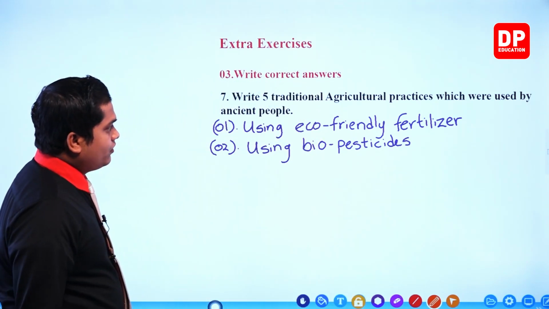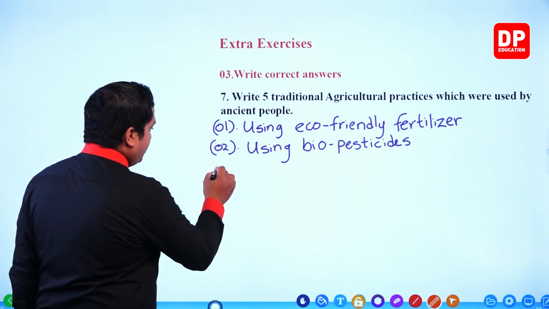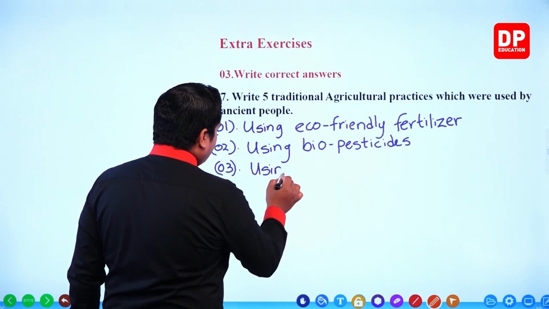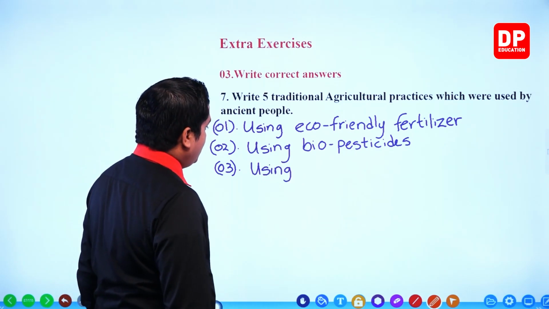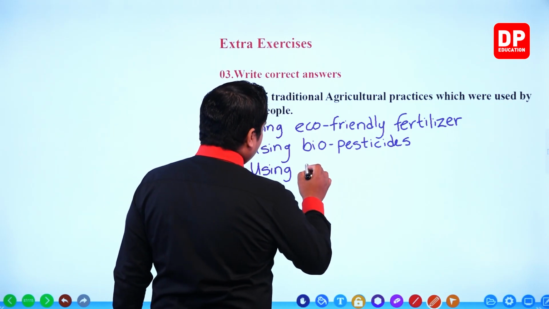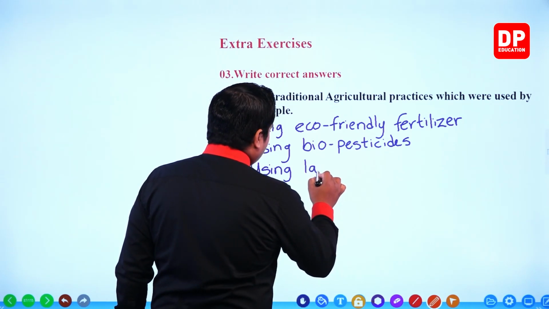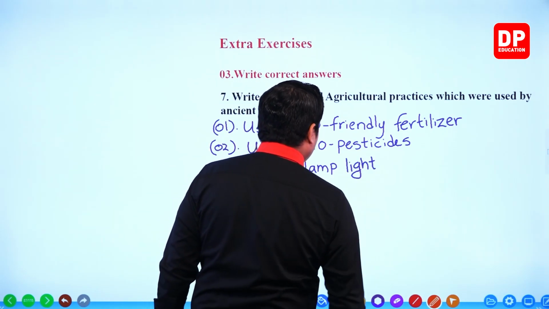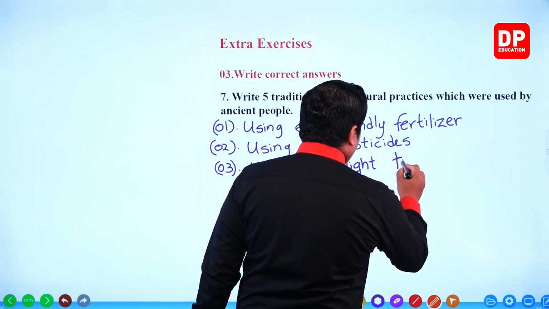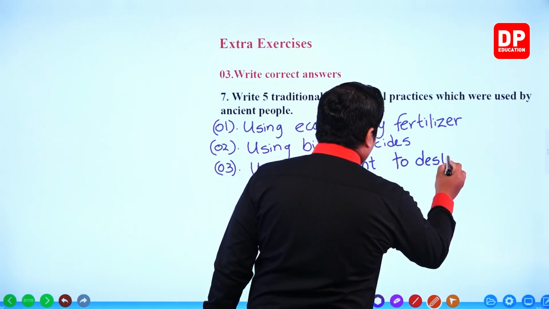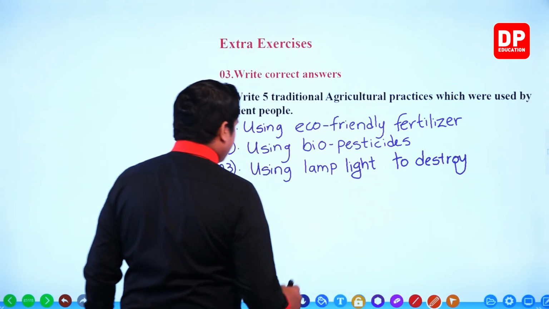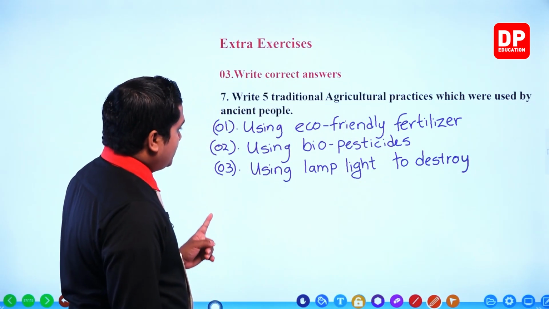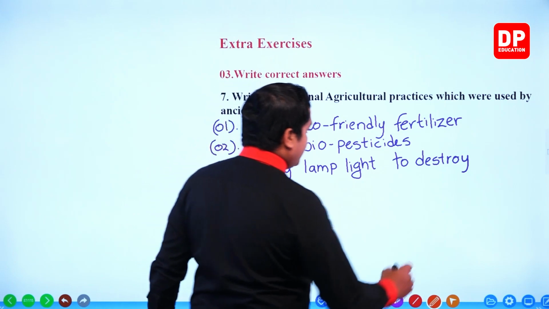Right? Number 3, using lamp light to destroy insects.